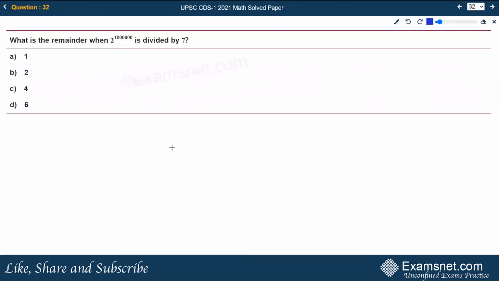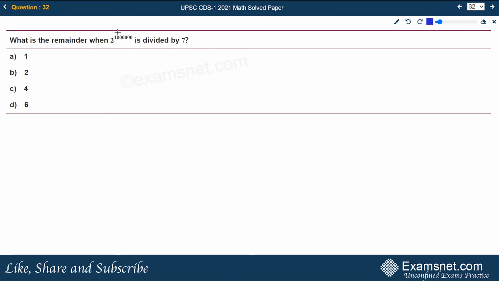In question number 32, we are asked: what is the remainder when 2 to the power 1,000,000 is divided by 7? So we have to find the remainder when 2 to the power 1,000,000 is divided by 7.